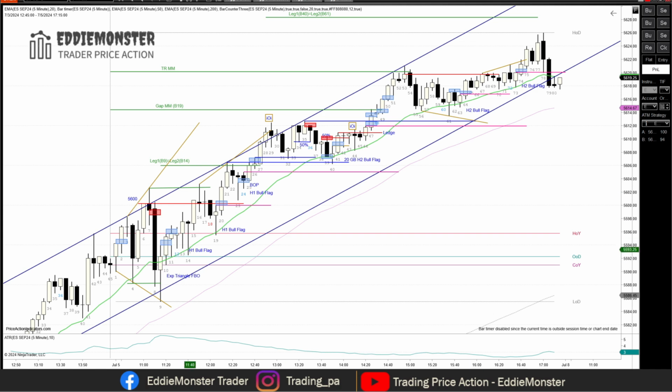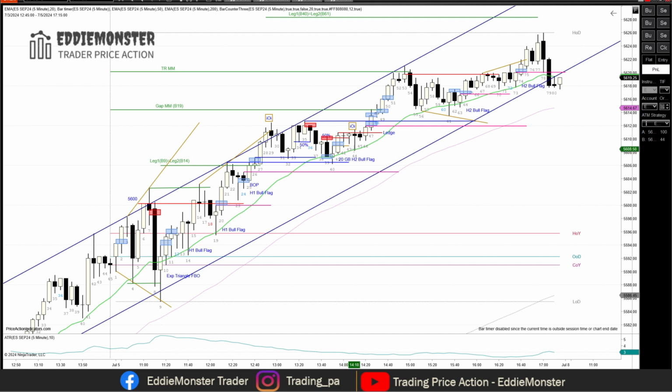What you have here is H1 bull flag here in 14, H1 bull flag in 19, H1 bull flag in 23, and then we have a more complex one. After a wedge, we have the first more complex pullback, right, and an H2 bull flag. So it's normal. After three pushes up, to have two legs down is what we expect. So the H2 bull flag here is what we really expect, right?